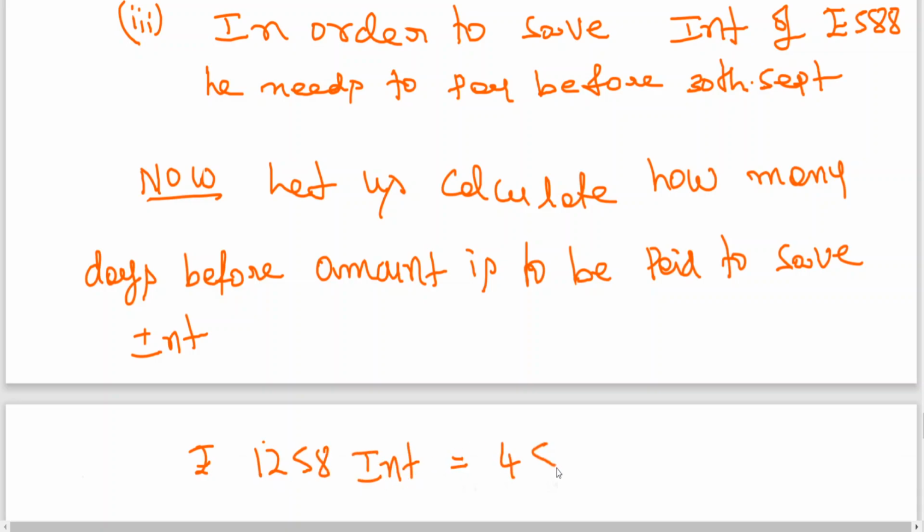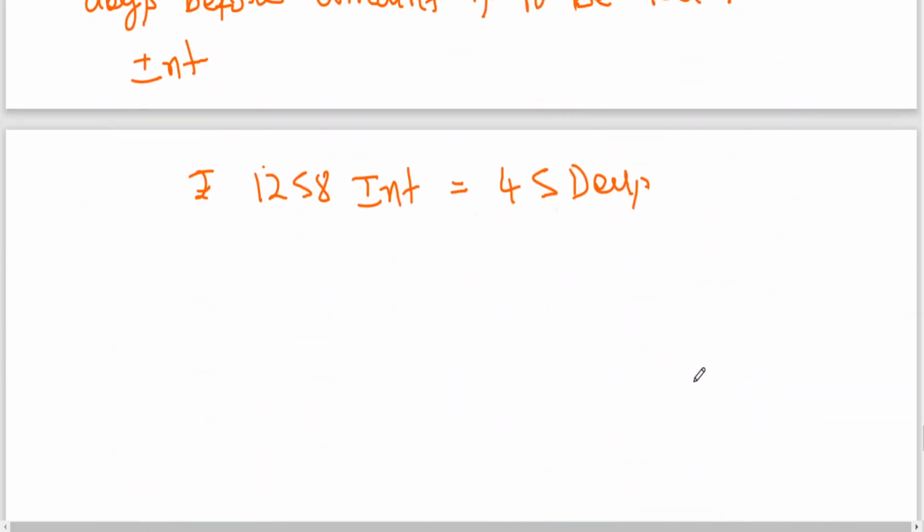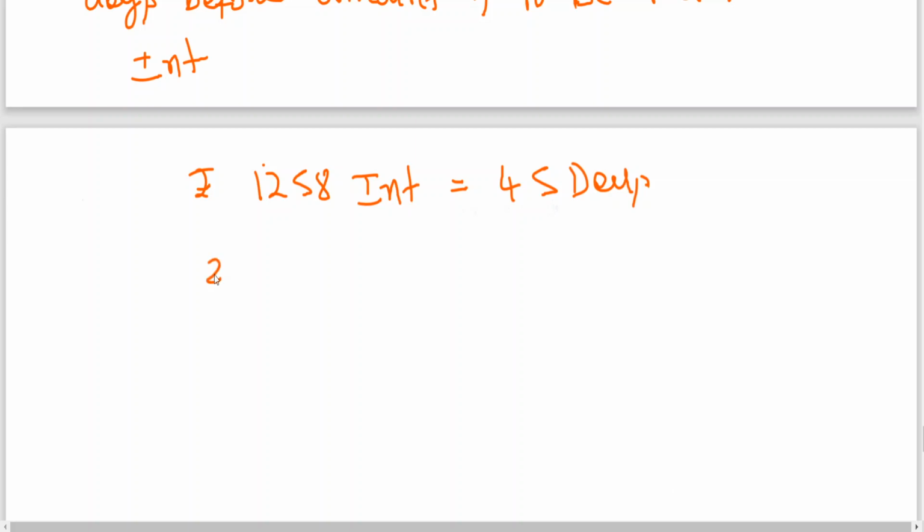Interest is for how many days? 45 days, am I right? We have calculated interest here for 45 days. How much? 1258 rupees. So 1258 interest is for 45 days.